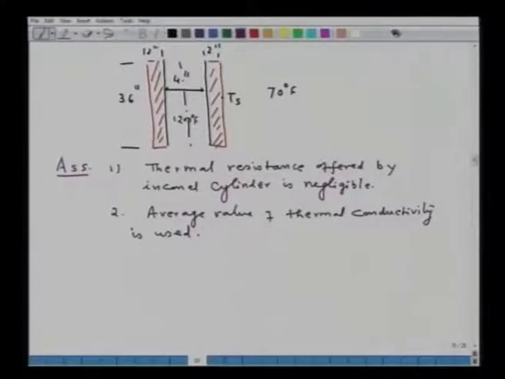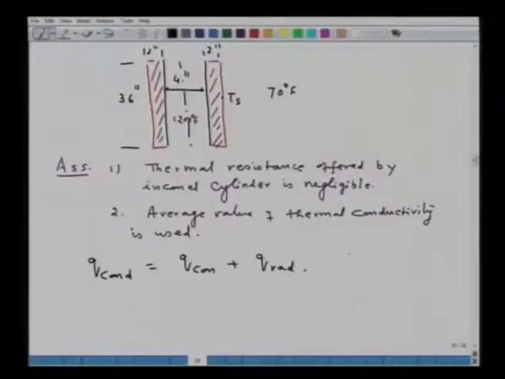Now, same as the earlier problem, we have Q conduction equal to Q convection plus Q radiation. All that you have to do is substitute the formula.